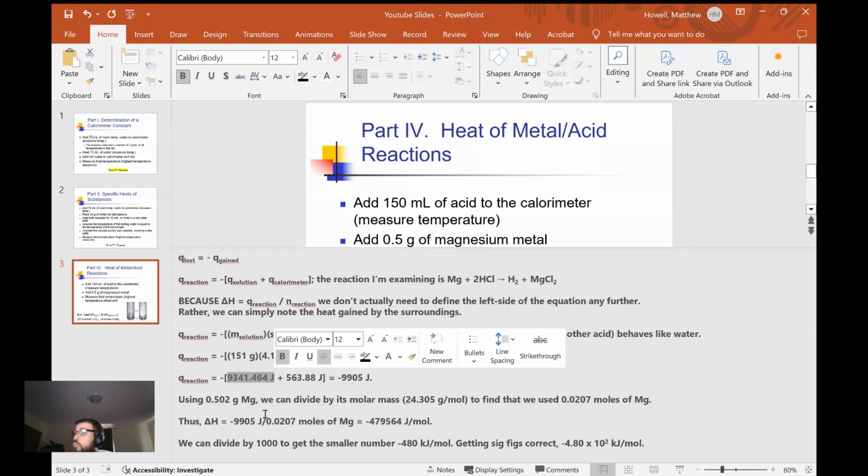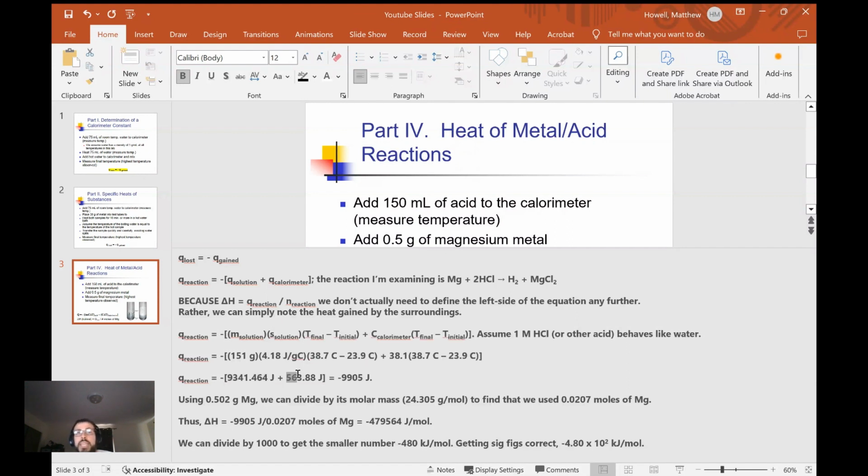So the solution of 1 molar HCl gains that much heat, and that's what drives it heating up. The calorimeter is going to take up about 564 joules. Summing that up, overall 9,905 joules was transferred from the chemistry itself to the surroundings.